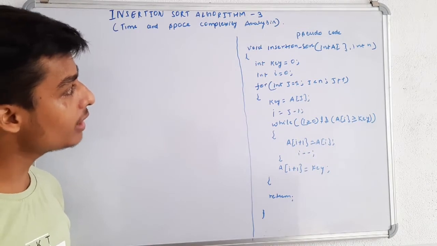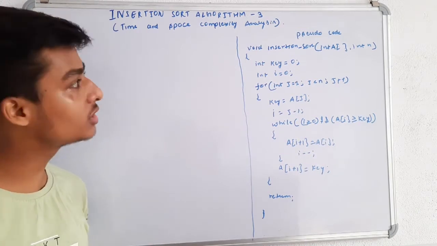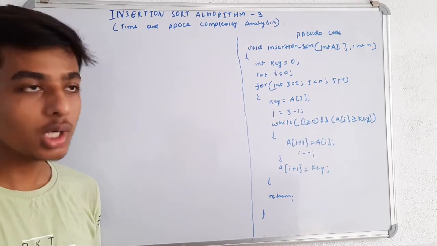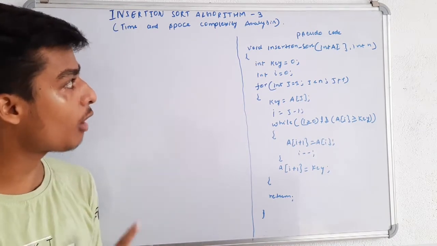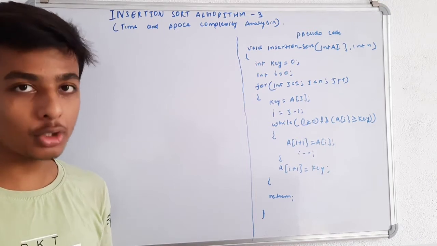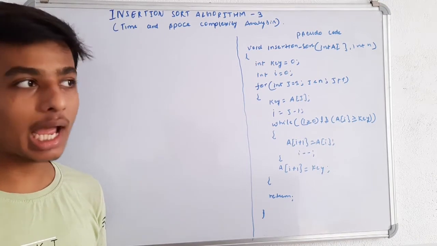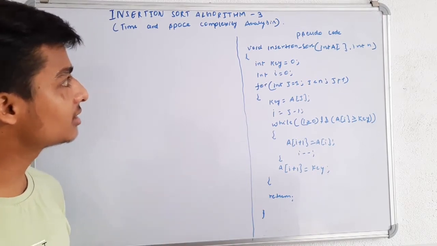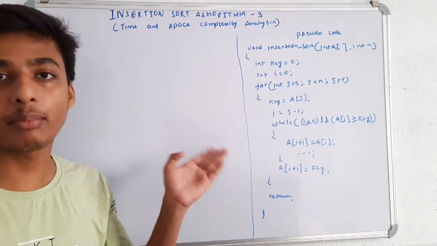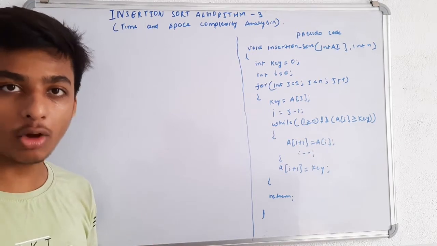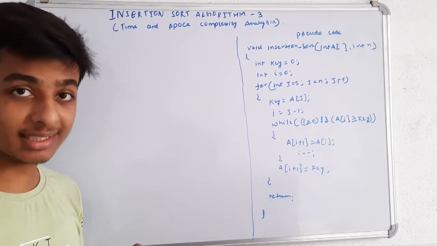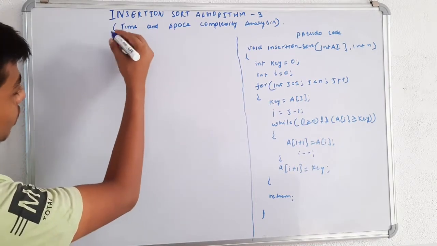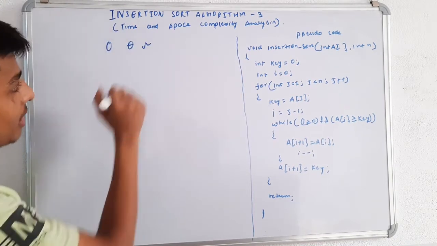We are going to just recap the algorithm that we studied in part 2, and if you want the detailed version, you can refer to that video. The prerequisite for this lecture is that you should have finished part 1 and part 2 of the insertion sort algorithm, and that you understand the asymptotic notations like big O, theta and omega.